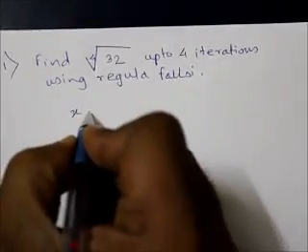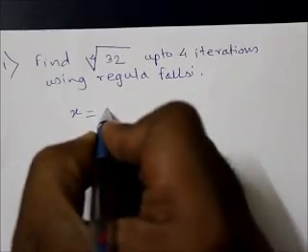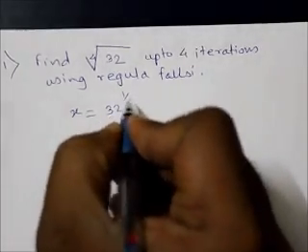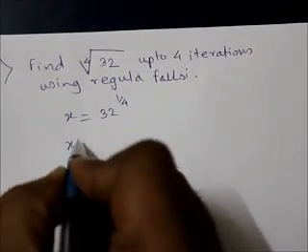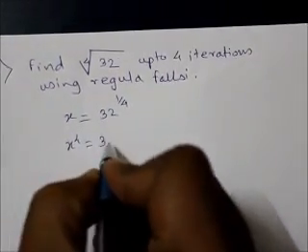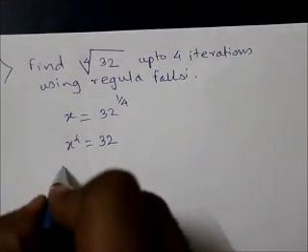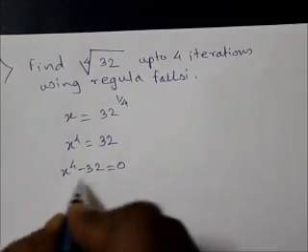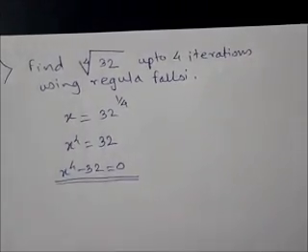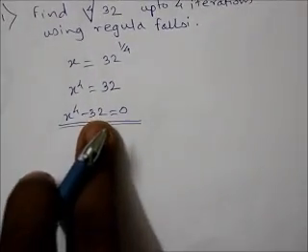Here we assume that x is equal to 32 raised to 1 by 4, that is the fourth root of 32, which means that x raised to 4 will be equal to 32. Which means x raised to 4 minus 32 is equal to 0. This is our function f(x).